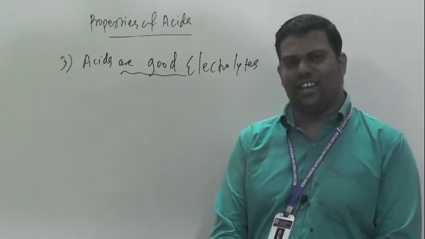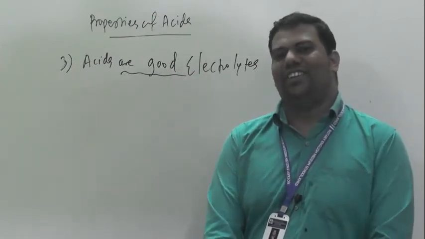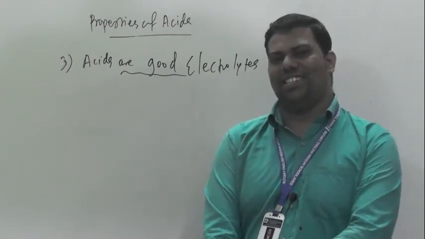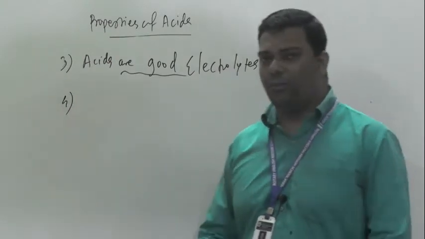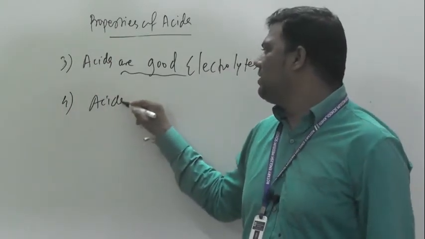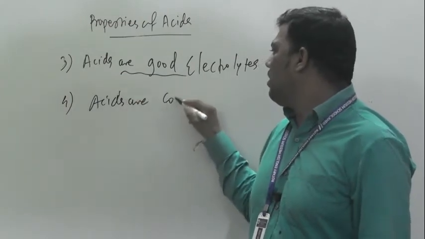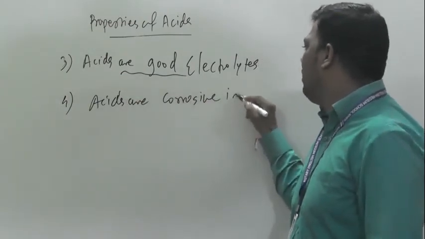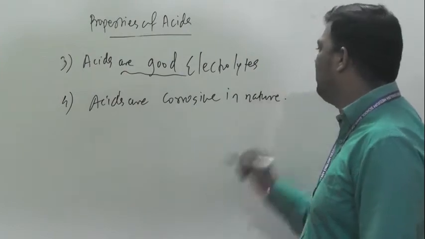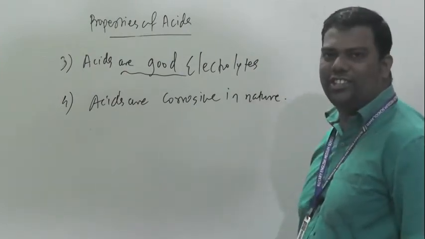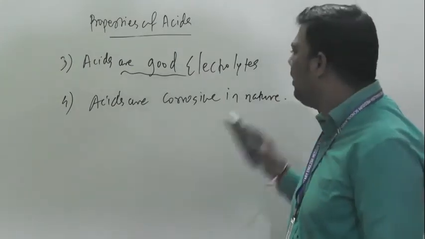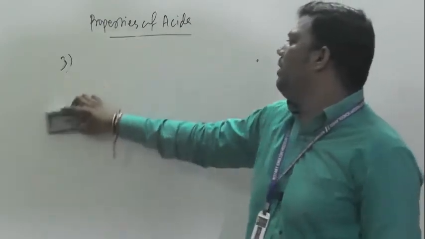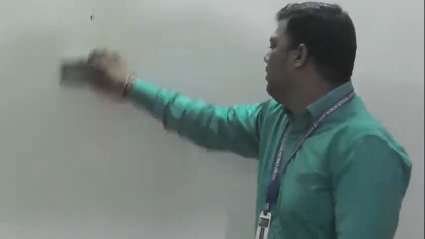Many examples, as you know: in car batteries, the lead storage battery, H2SO4 is present. Next property: acids are corrosive in nature. Whatever properties we discussed, all are important, so revise them.